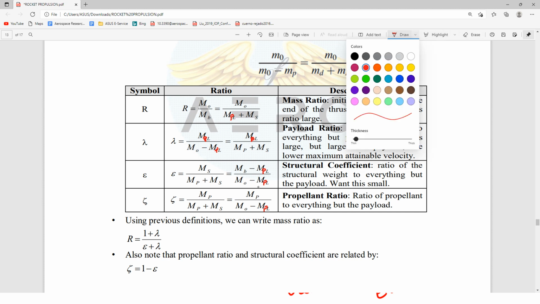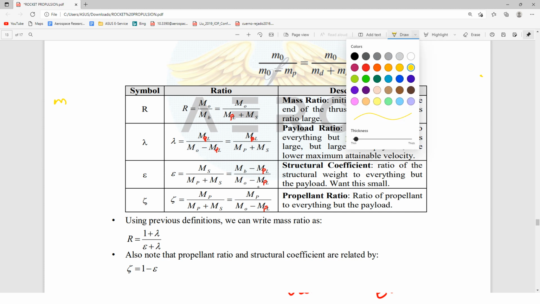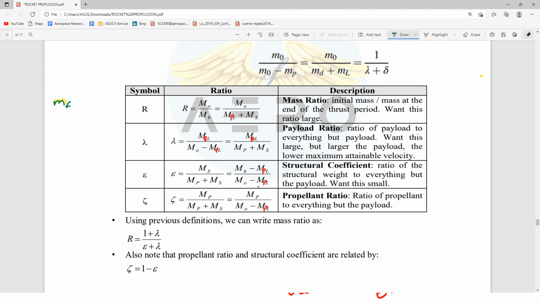So let me briefly give you the idea. What is the mass ratio? We have seen the mass ratio is the initial mass by the final mass, okay, so they have given the reverse effect, that means 1 by mr. What is the mass ratio? It is mf by m naught.